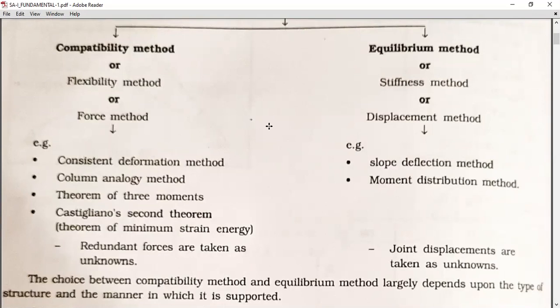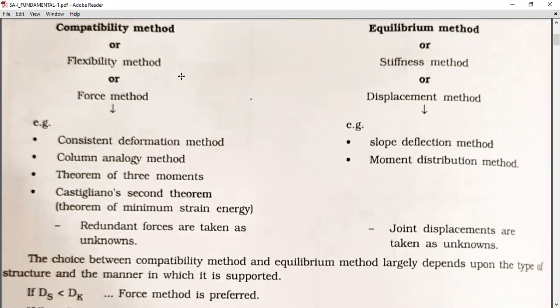Redundant forces are taken as unknowns. In the equilibrium method, stiffness method or displacement method, there are two main methods, the slope deflection method and the moment distribution method, in which joint displacements are taken as unknowns.